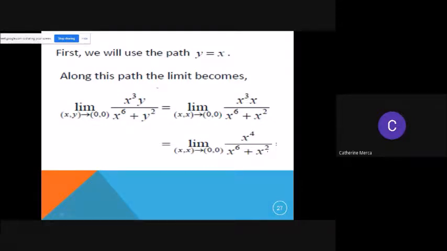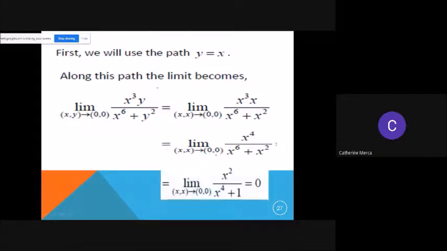You can factor out x squared, so you have x squared times x to the 4th plus 1. Dividing out, you are left with x squared over x to the 4th plus 1. Because this is 0, it is no longer undefined in the denominator. So, we will have the value 0.